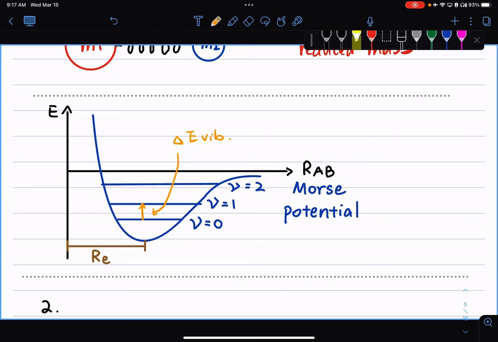So there are equations associated with that delta E vibration, but for this class, again, it's a surface level introduction. I don't want you to have a very quantitative relationship, but here just know on the Morse potential, you can have different vibrational energy levels.